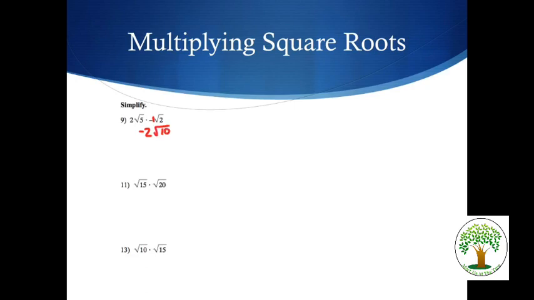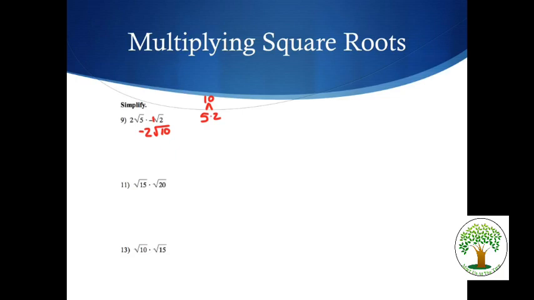Before we stop, though, you need to check: are there any perfect squares in there? Let's go over that really quick. We haven't gone in depth in this, but some of you asked and I sent notes on it at home. So 10, what multiplies to be 10? 5 and 2. Are any of those perfect squares?